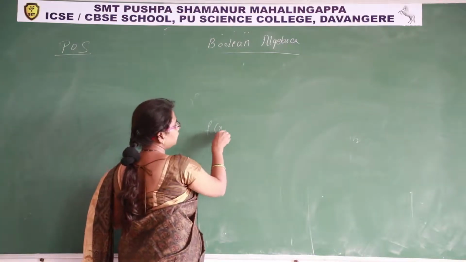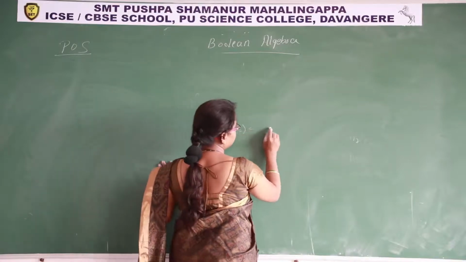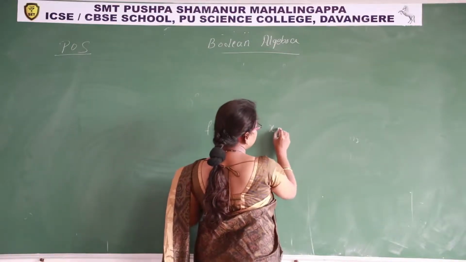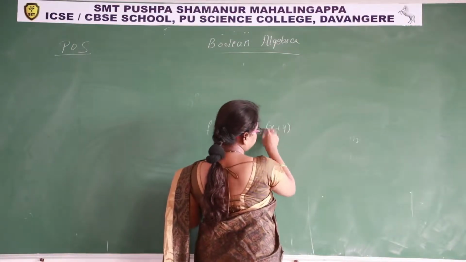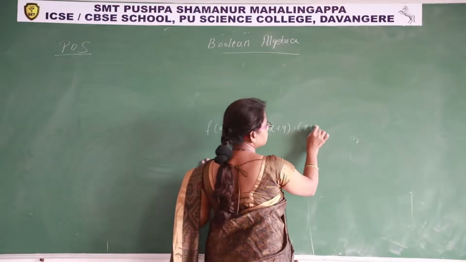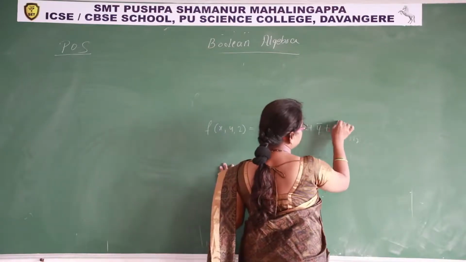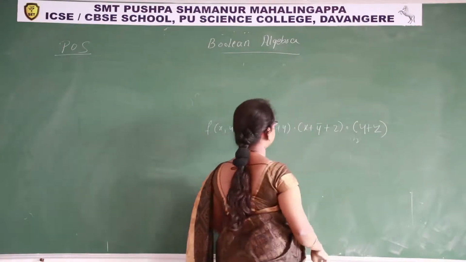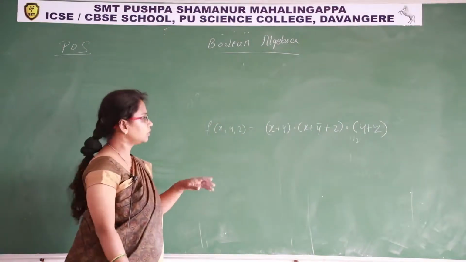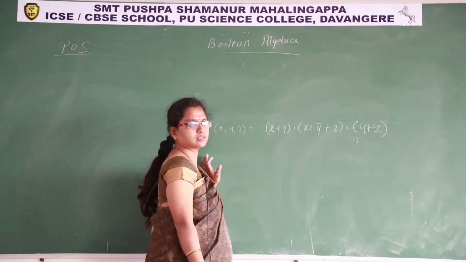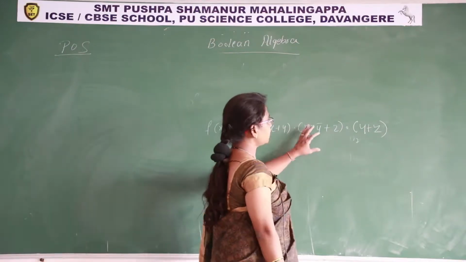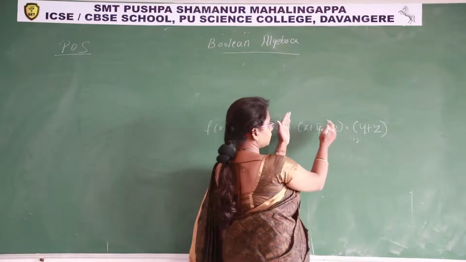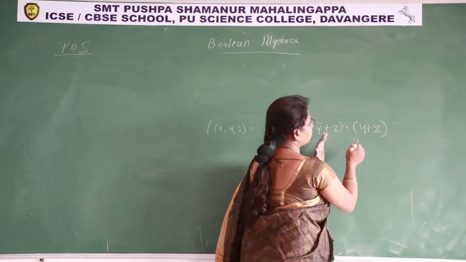F of x comma y comma z is equal to, I can write like this, x plus y into x plus y bar plus z into y plus z. It is a POS expression. Product of sum means sum terms. These are all sum terms.